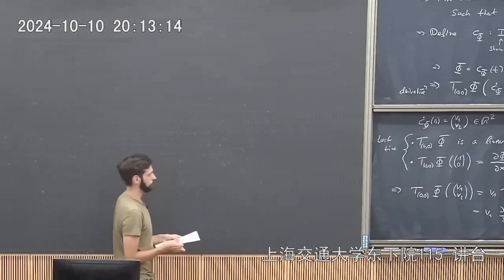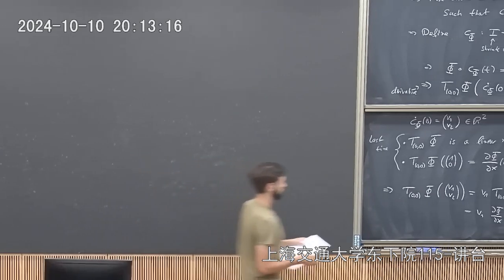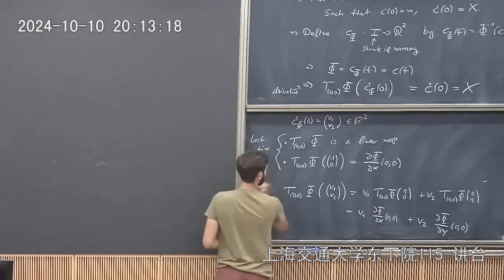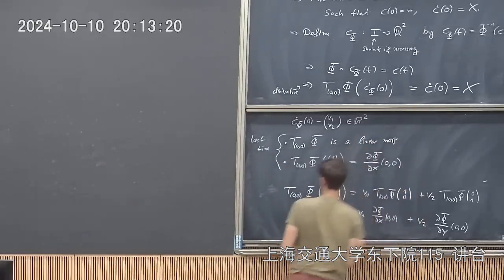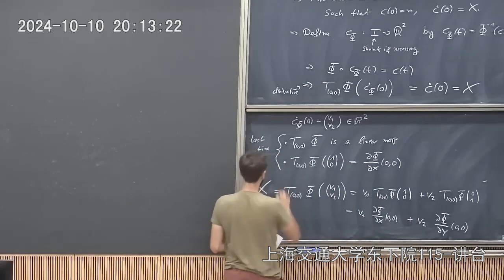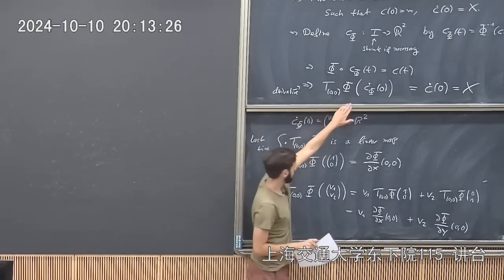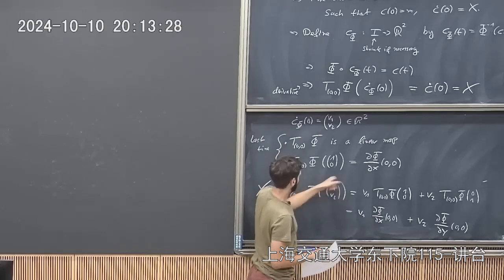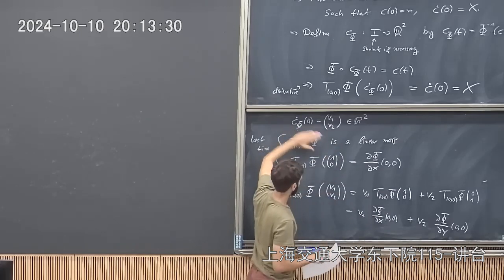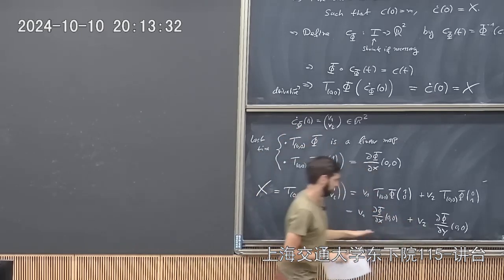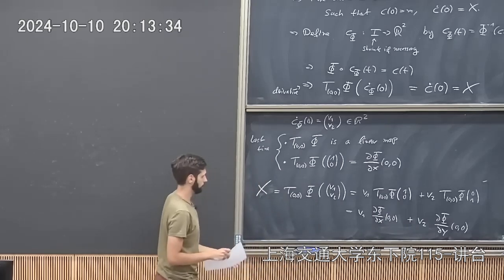But this is exactly what we wanted to prove, because from this equation upstairs, we know that the left-hand side is x. So x equals this expression, which we calculated and can write as a linear combination of these vectors.